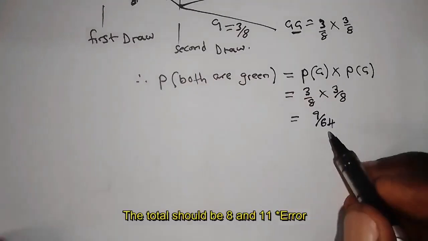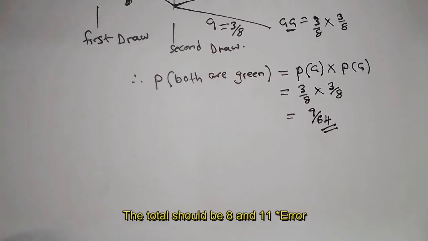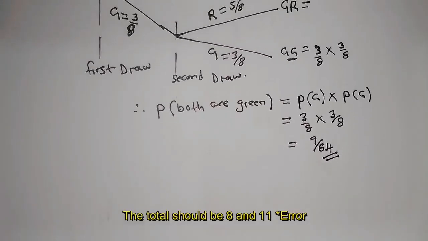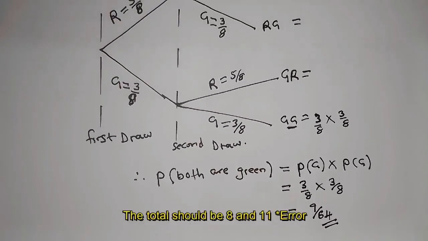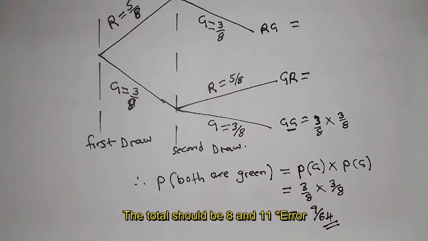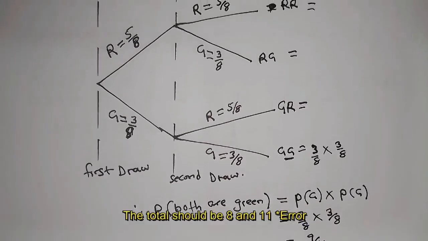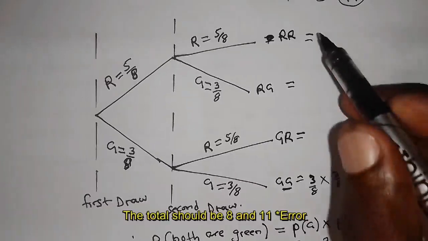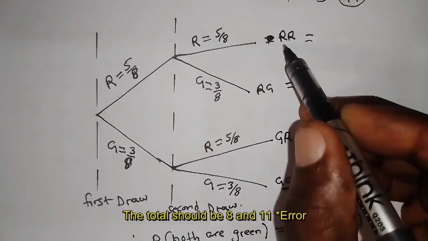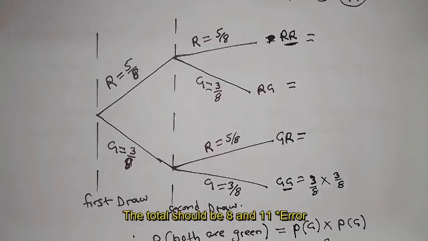So that is the answer that both balls are green. If they said that both balls are red, we would have gotten the combination or branches of the same color, red.